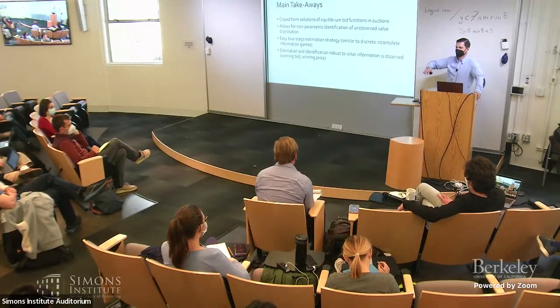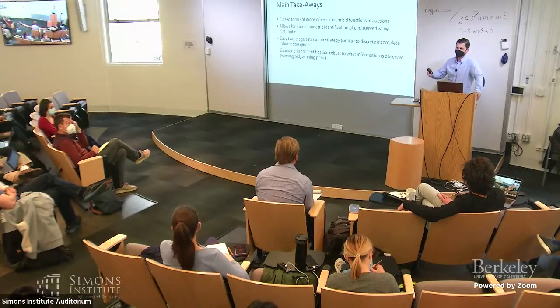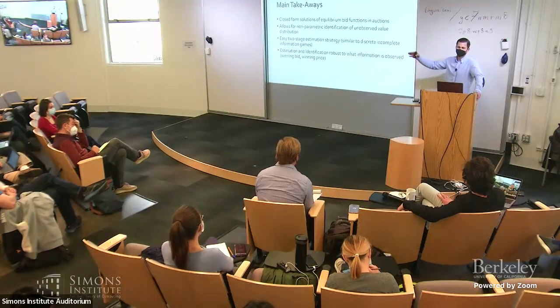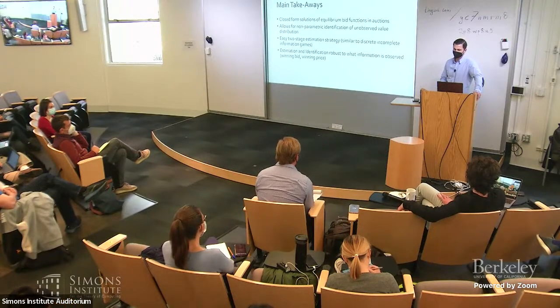So you would have common shifters that are known, maybe even to the auctioneer, of the quality of the object, and then the other signals are independent. Like my cost of production, if I'm in a procurement auction, could just be independent for different firms.